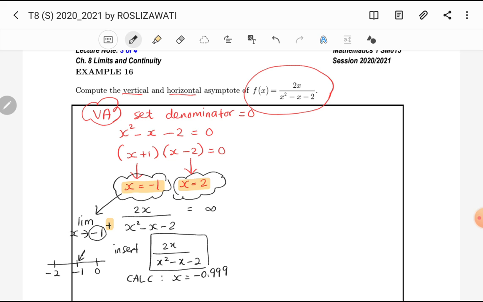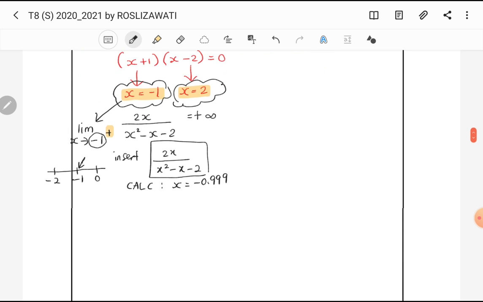So apa yang dia akan bagi? Jawapan dia, yes, jawapan dia ialah positif ke negatif? Positif, right? Okay, so tulislah positif. Okay, and satu lagi kita kena check limit x approaches negative 1 from negative.